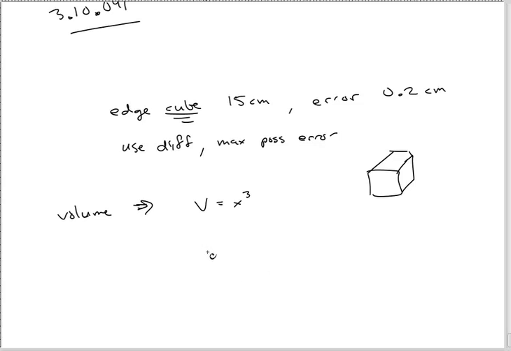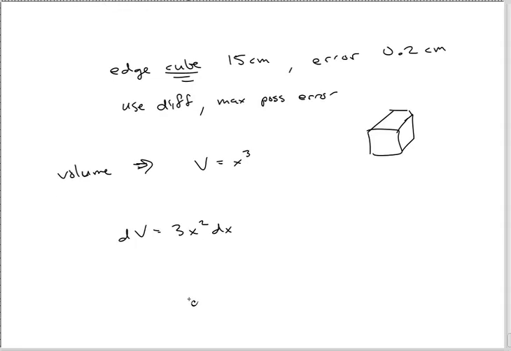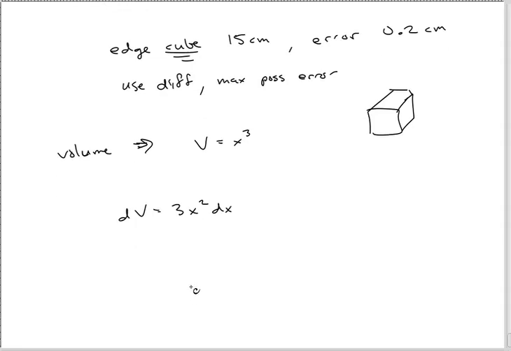And so what I'm going to find right now is the derivative. So dv is going to be equal to 3x squared dx. There's my flags and all that kind of stuff. Let's try to understand how this works, okay? So first off, my v itself is going to be 15 cubed, which is 3375.